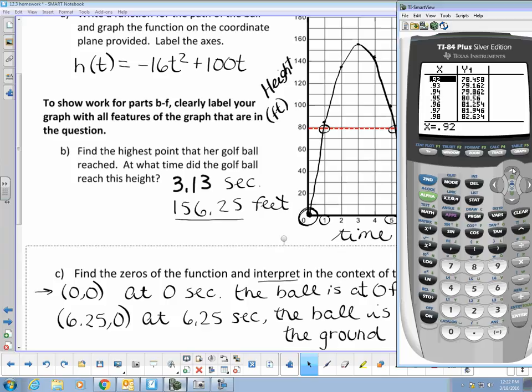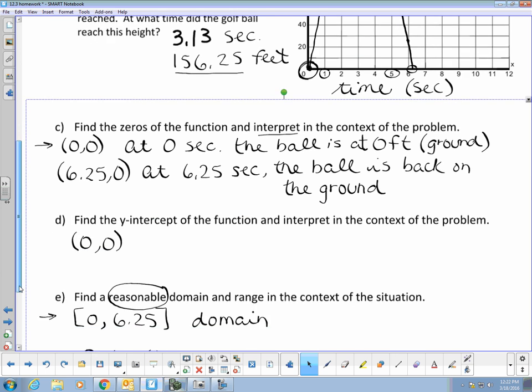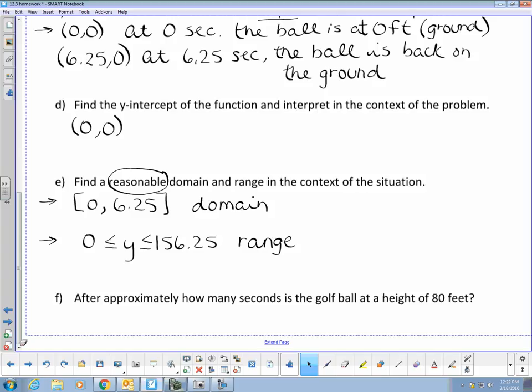So I'm going to go with the $79.86 is closer to 80. And so I'm going to select the time of 0.94. So one of my times, how many seconds, is 0.94 seconds.